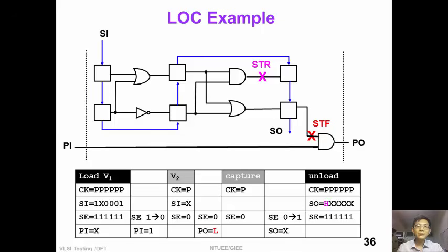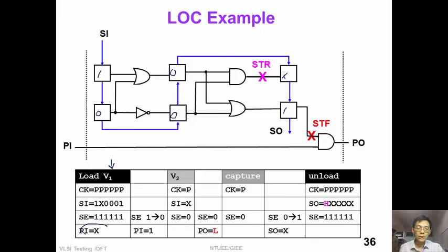This slide shows a LOC example. In this circuit, we have 6 scan flip-flops. Initially, we will need to load the test vector V1, 1, X, 0, 0, 0, 1.